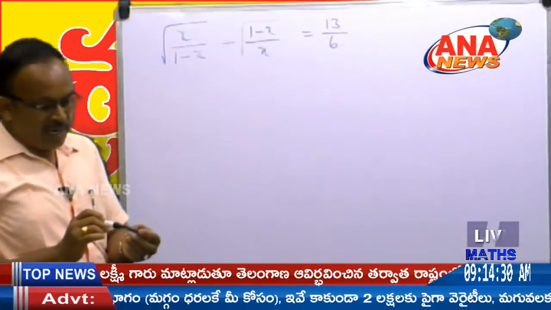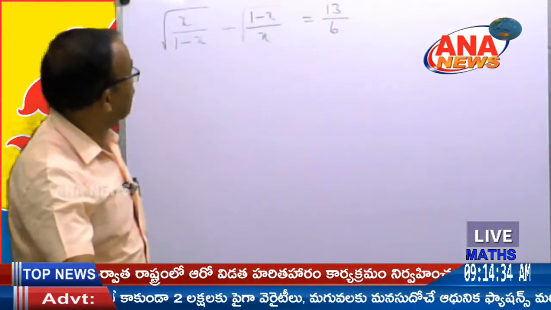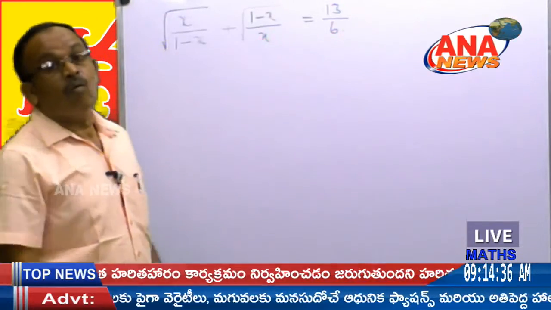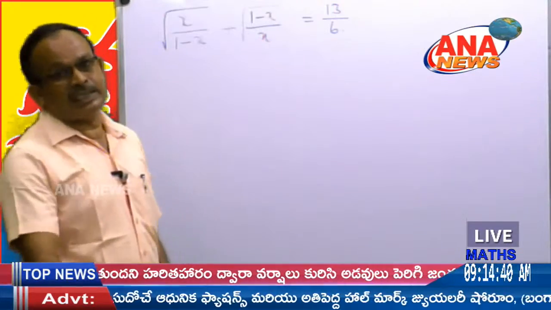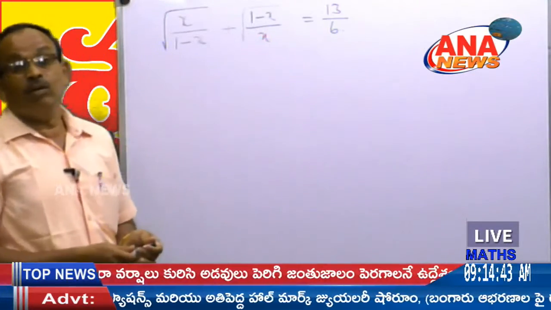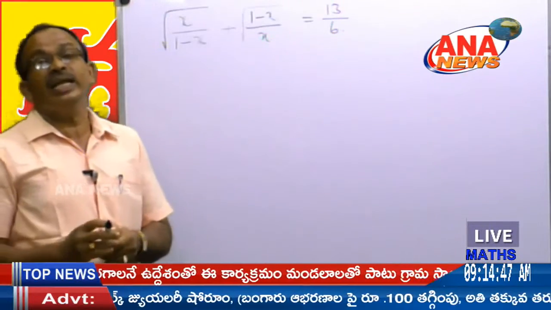Suppose the given equation is root over x by 1 minus x plus root over 1 minus x by x is equal to 13 by 6. Find the x value, or solve the equation.